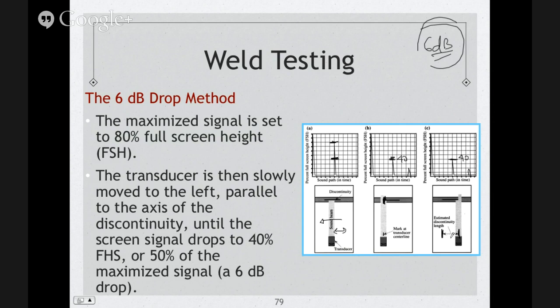So that's the 6 dB drop method. Then you mark it, and that's how you would estimate how big your indication is going to be in your weld, or how long your axis.